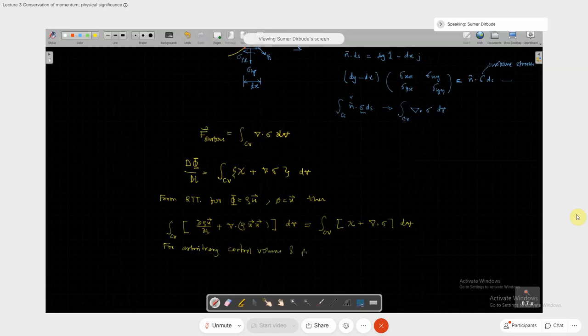It can be written as rho del u del t plus, with rho taken out, del dot uu, which can also be written as u dot del u.